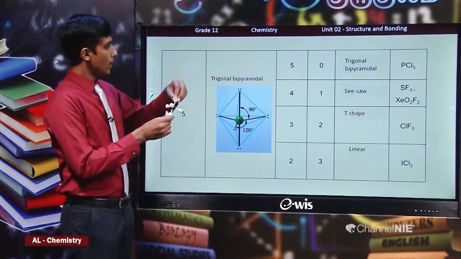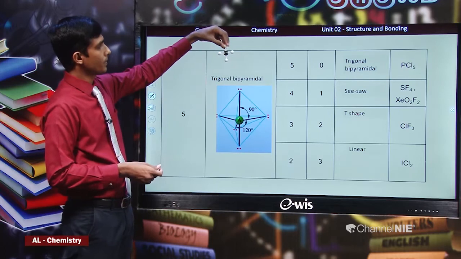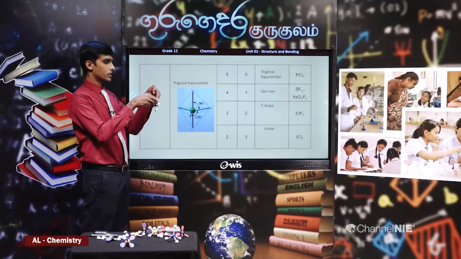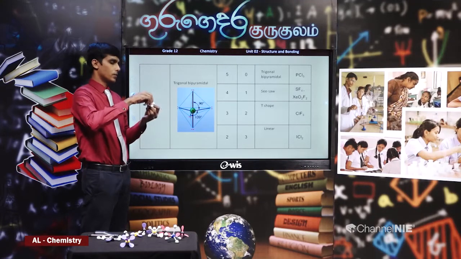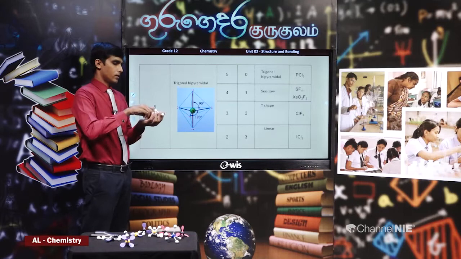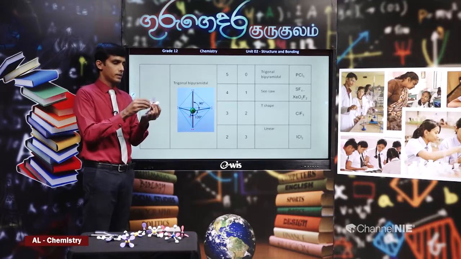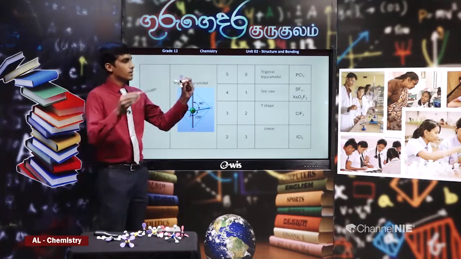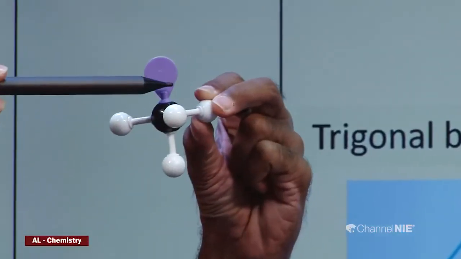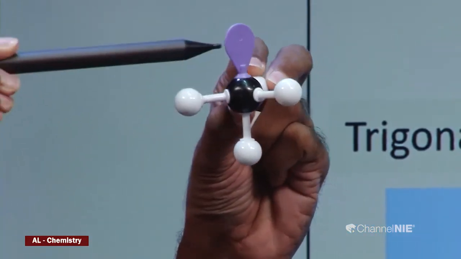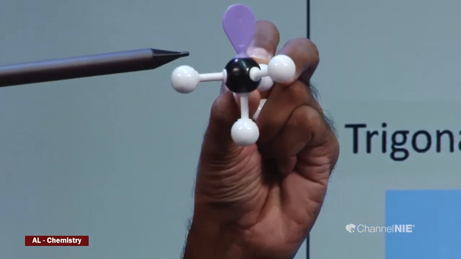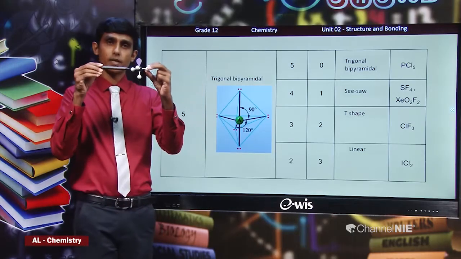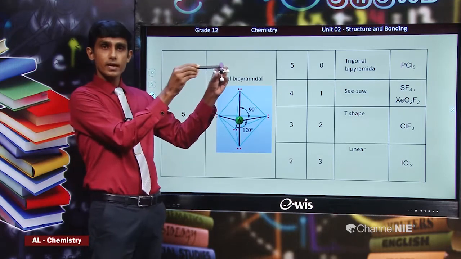Trigonal bipyramidal geometry is like this. If the lone pair is located in a position like this in the molecule, in this particular instance, lone pair bond pair, there are three 90-degree angles. We know that lone pair bond pair repulsion is stronger, and here there are 3 90-degree angles.